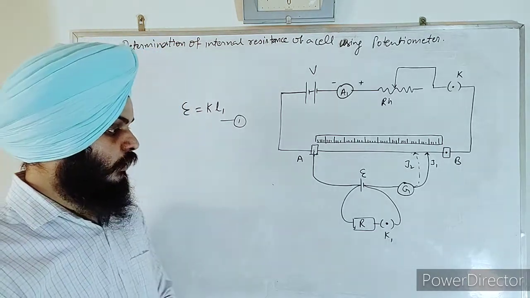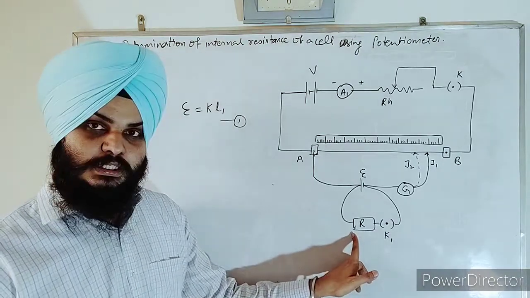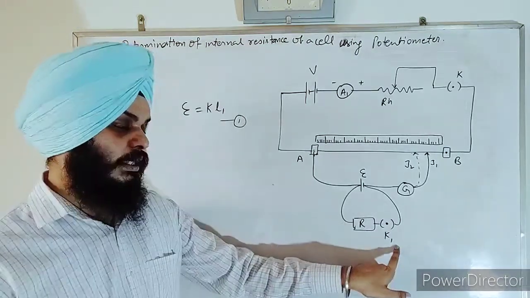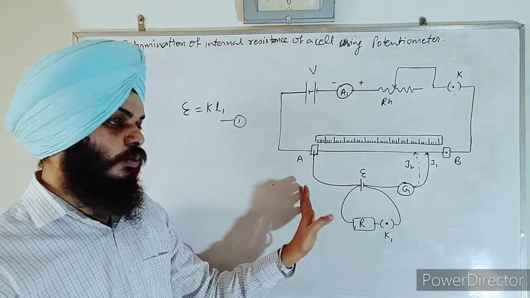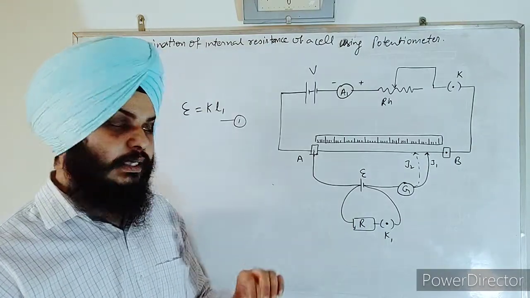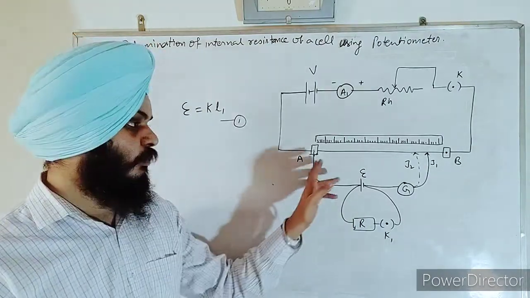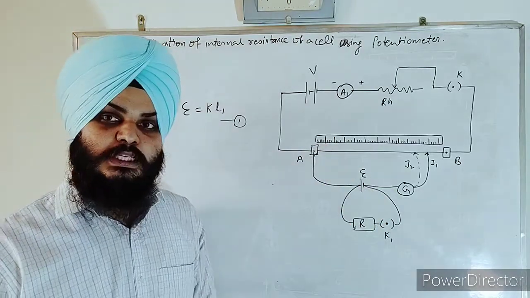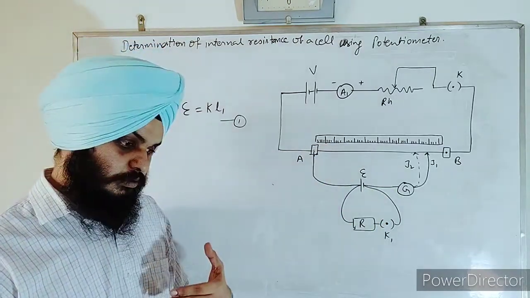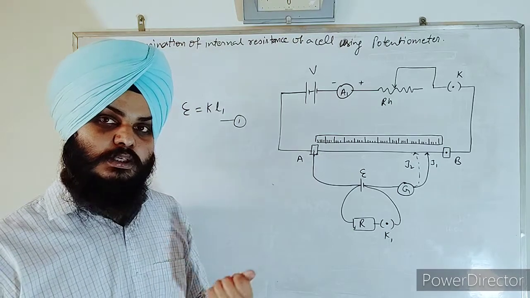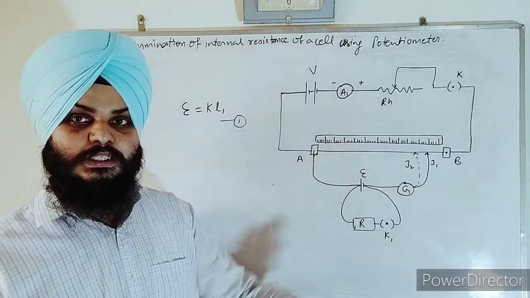So when we put some resistance and close this key K1, the length of the potentiometer wire for which the balance point occurs is obviously less than the first case.